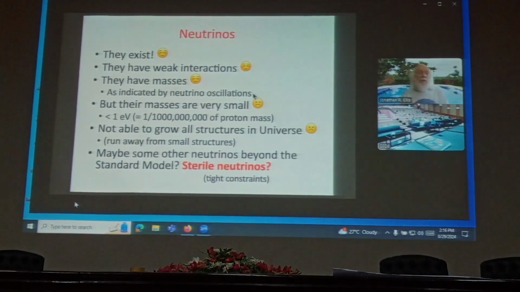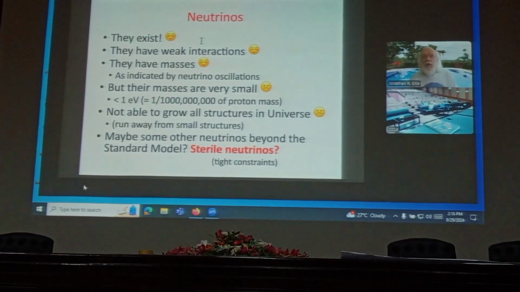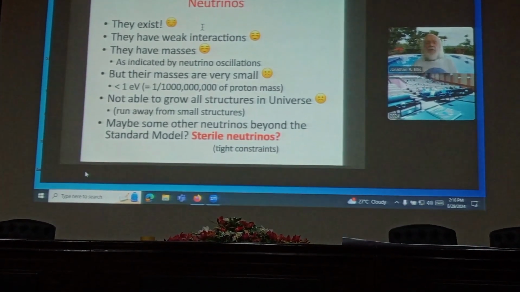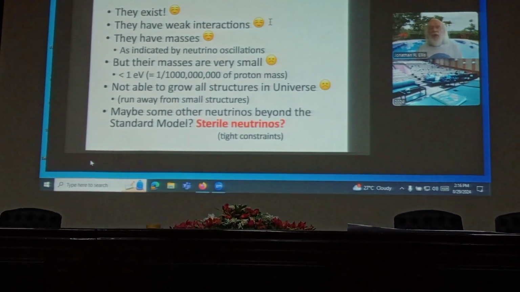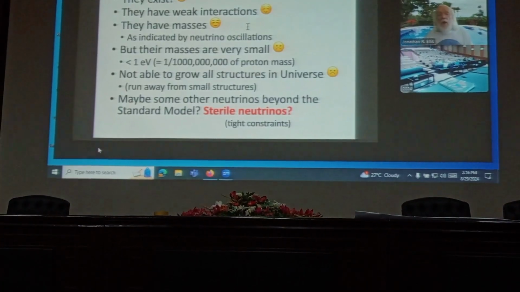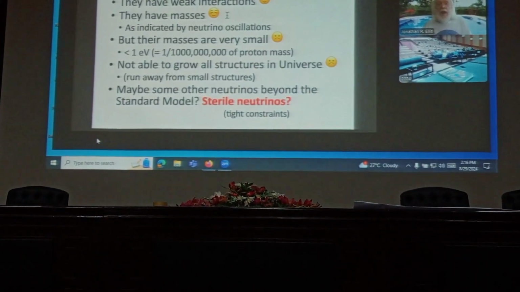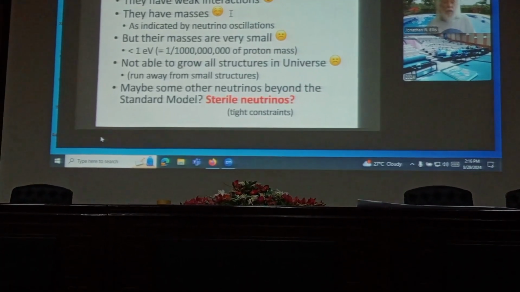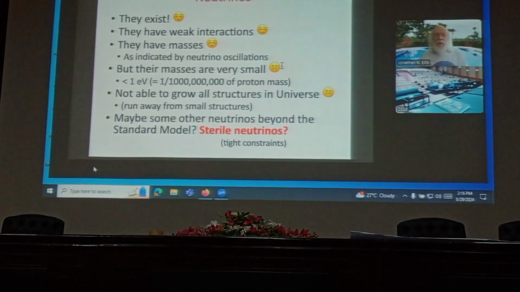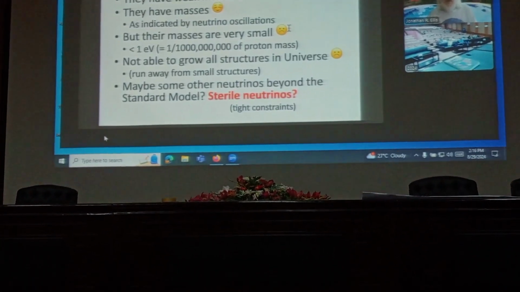So, they certainly have certain advantages. First of all, we know that neutrinos exist. Secondly, we know that neutrinos only have very weak interactions. Also, from observations of neutrino oscillations, we know that they have small masses. The trouble is that those masses are very small, less than an electron volt.